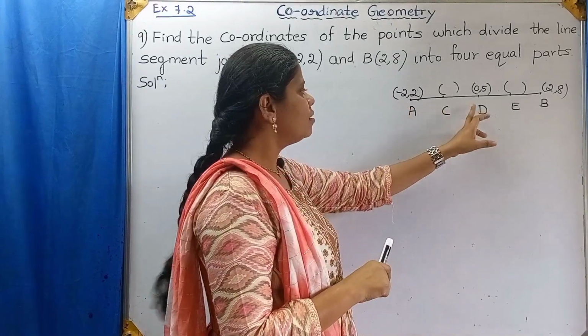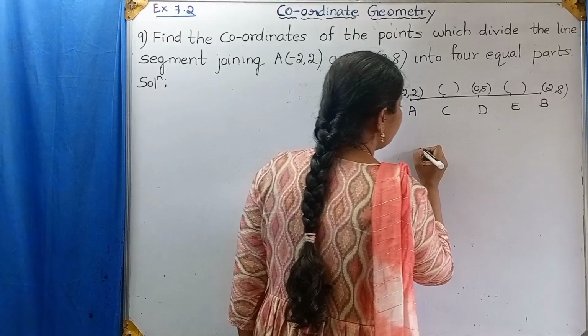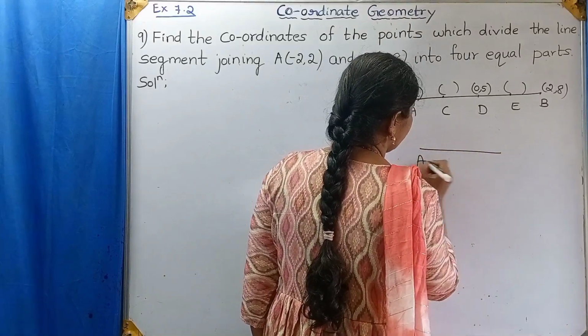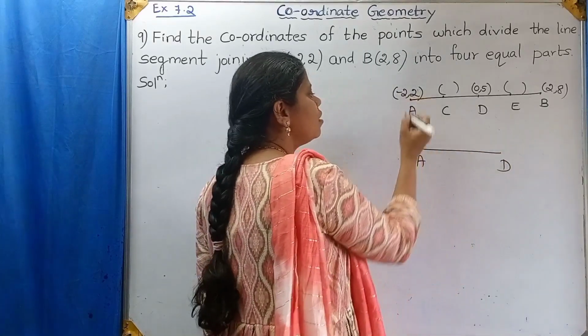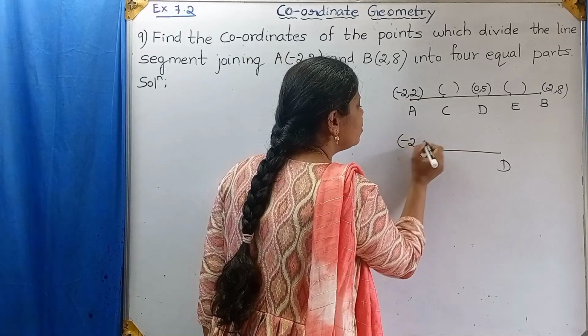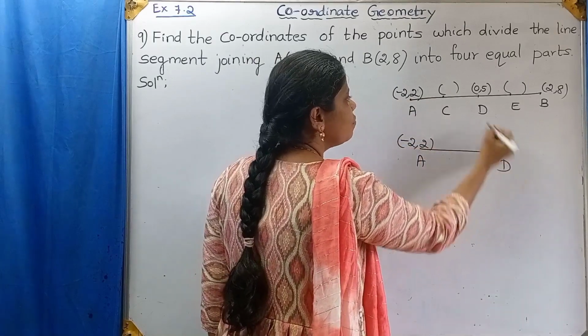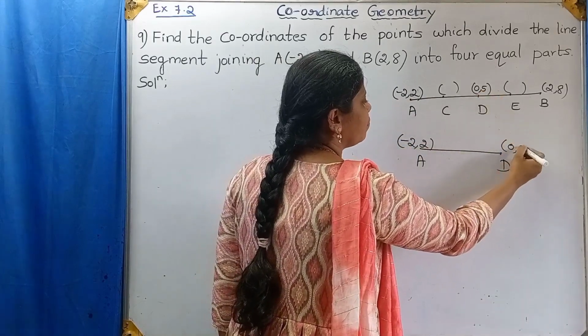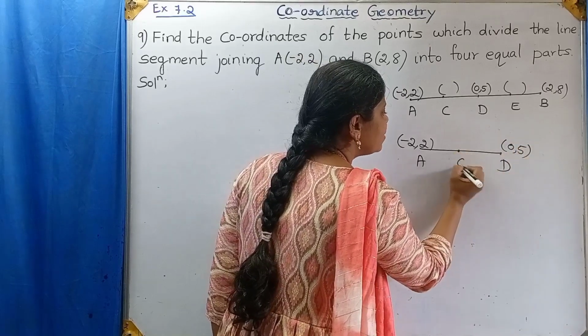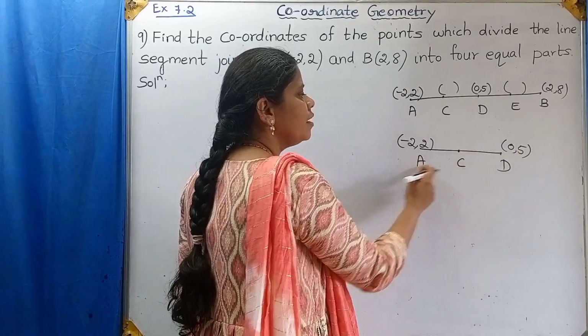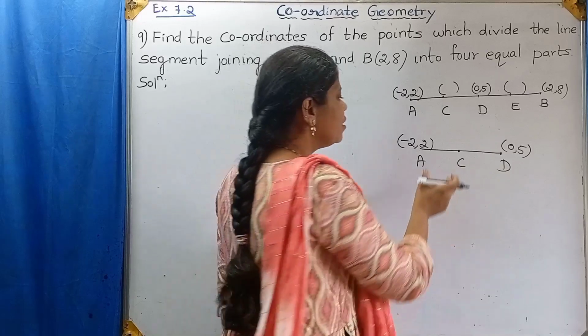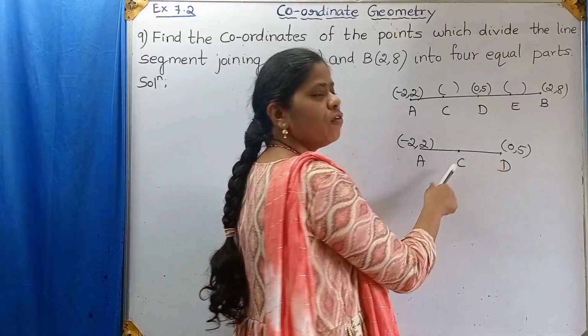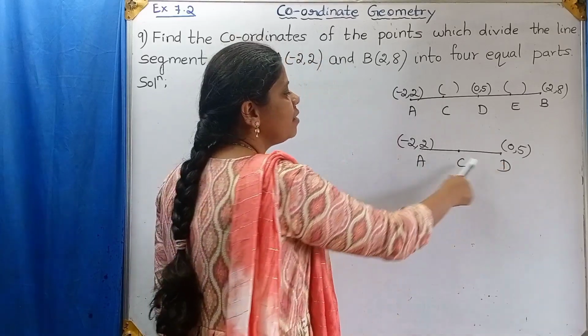So, let me consider the line AD. Okay? And we know the coordinate of A, that is -2, 2, and the coordinate of D is 0, 5. And we know that C is the midpoint of AD, because AC is equal to CD. Therefore, C is the midpoint of the line AD.